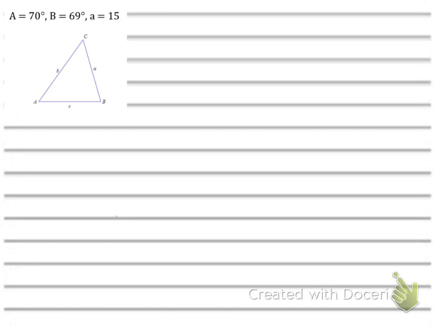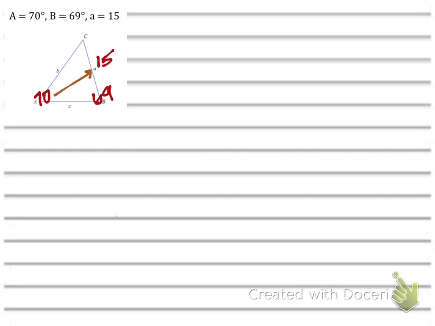All right, so here we're going to put our information on. Angle A is 70, angle B is 69, and side A is 15. So here we have angle, angle, side. So here what we're going to do is go ahead and find our third angle, right? Because right now we could go ahead and use our base ratio.